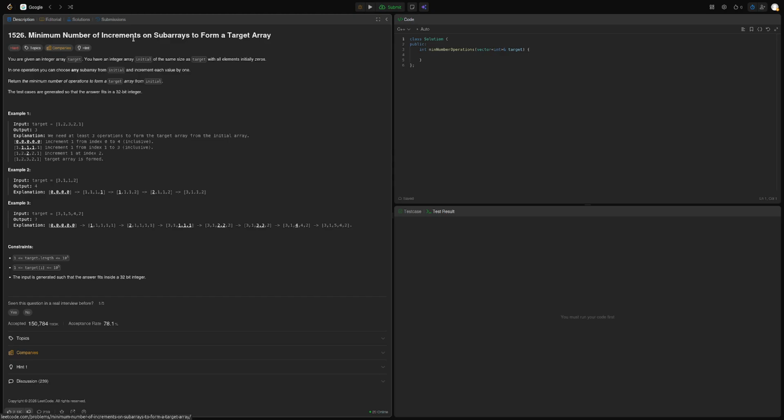I mean, if the target is 10 to 5, then if you have 1, 10 to 5, 1, 10 to 5, 1, 10 to 5, we need at least 3 operations to form the target array from the initial array.